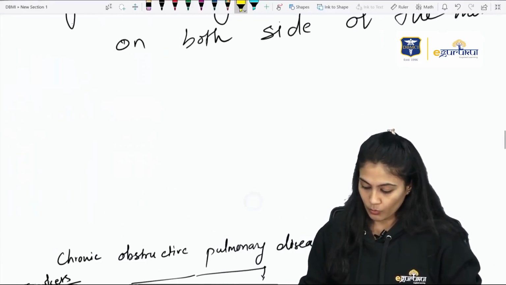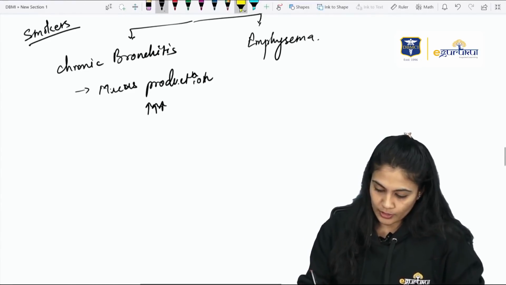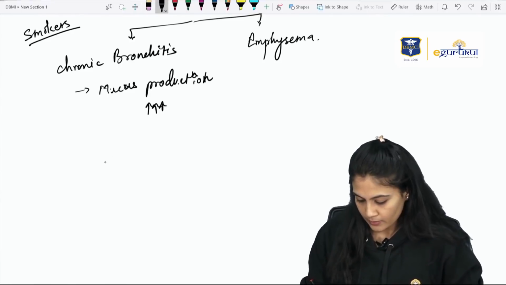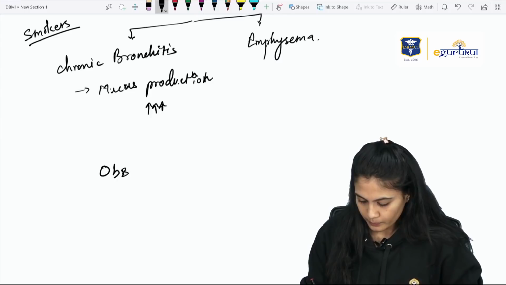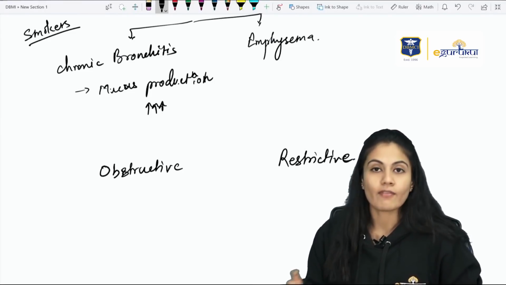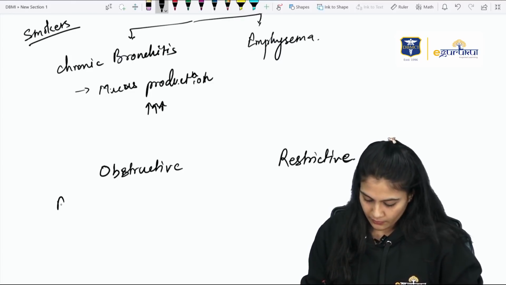That is important. Why is it important? Because there are majorly only two types of lung diseases: one is obstructive and another is restrictive. What is important is the ratio known as FEV1 upon FVC.